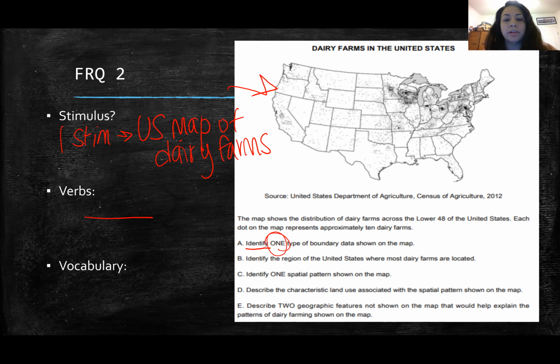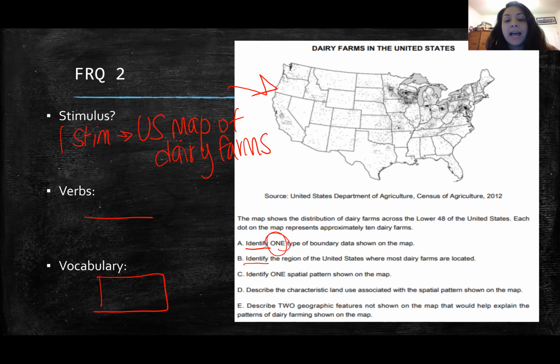I'm actually going to put a square around important words that you need to be aware of that are vocabulary words. Okay, so identify is our first verb. Easy peasy, not hard. Letter B, identify, there it is again, the region of the United States where most dairy farms are located. All right, letter B.